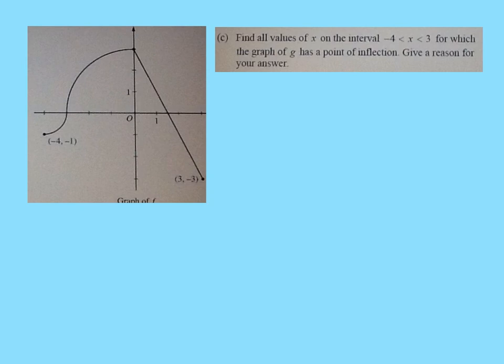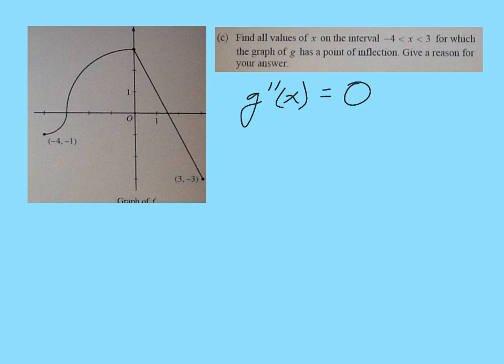All right, part C. Find all the values for which g has a point of inflection. Okay, so now we want a point of inflection. Well, we said our points of inflection are when the second derivative is equal to 0.